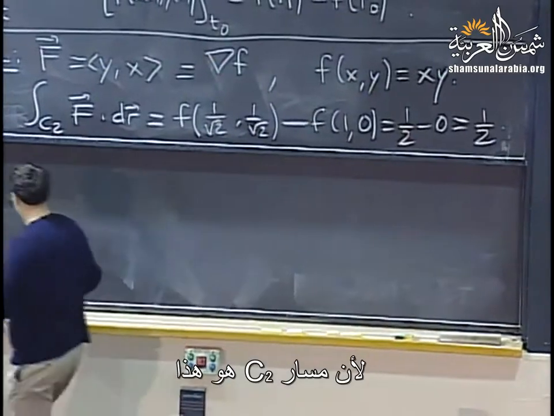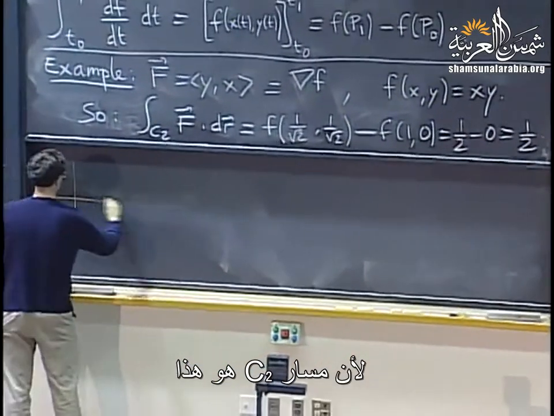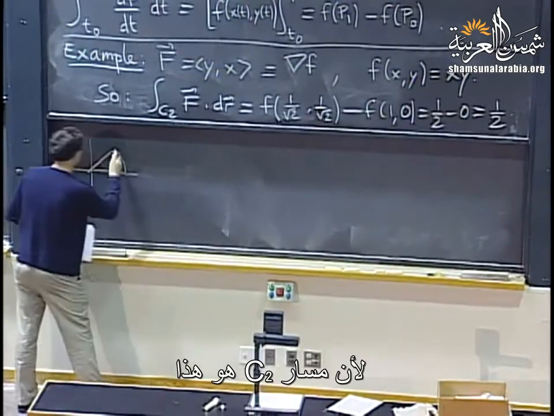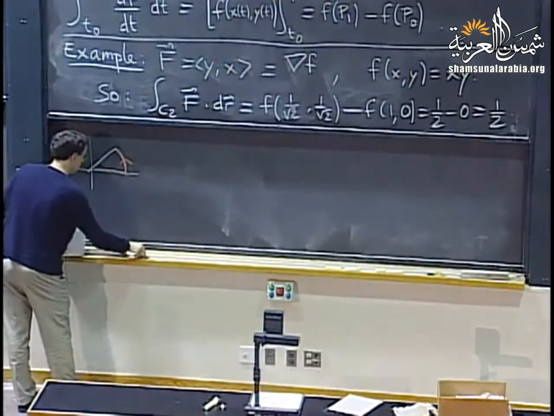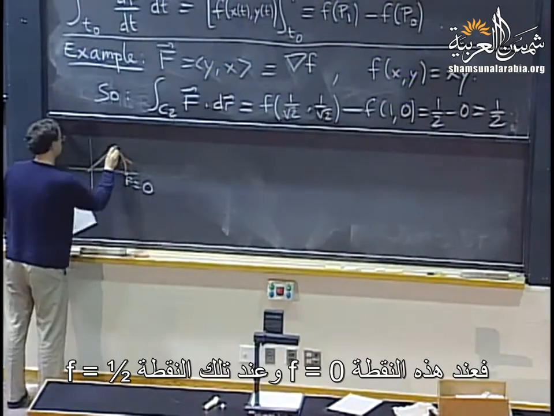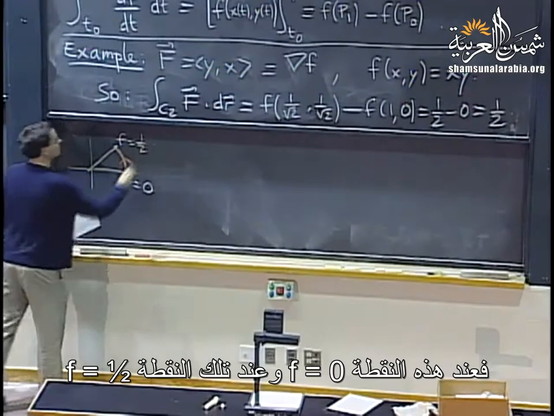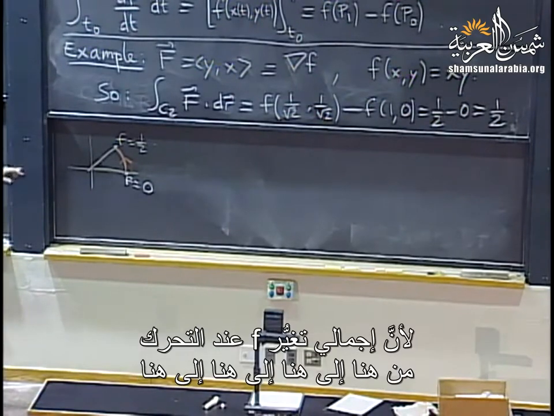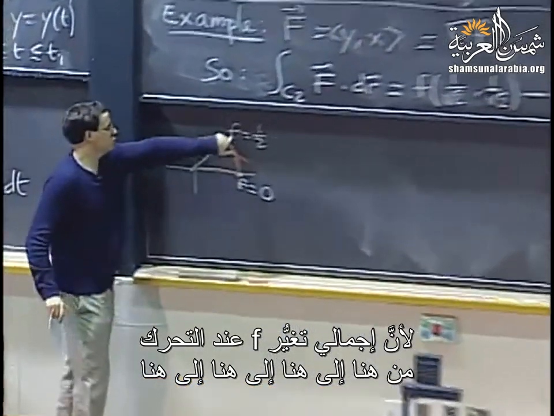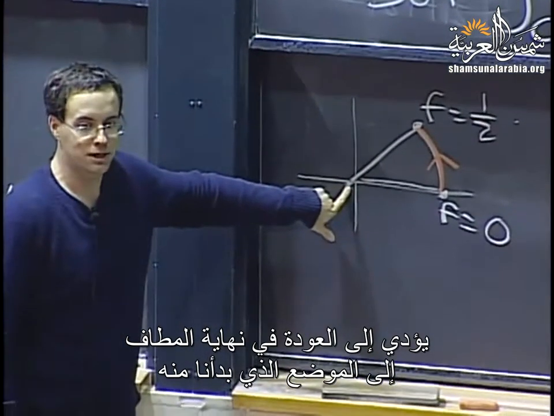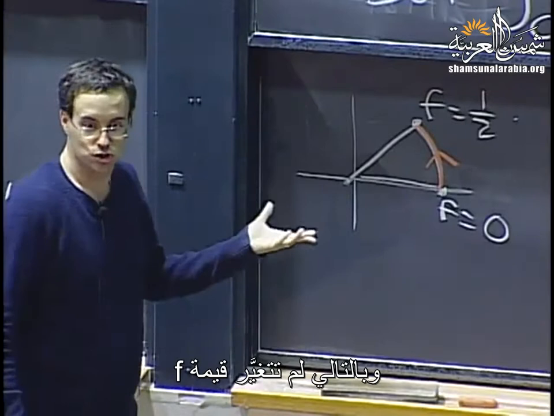Okay, because C2 was going here, and at this point, f is 0. At that point, f is 1/2. And similarly for the others. And of course, when you sum, you get 0, because the total change in f, when you go from here to here to here to here, eventually you're back at the same place, so f hasn't changed.